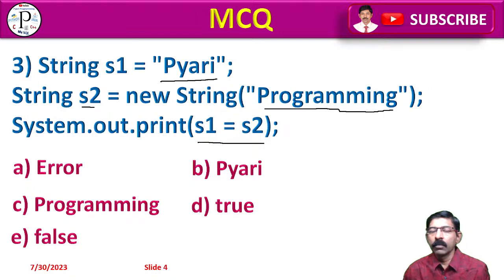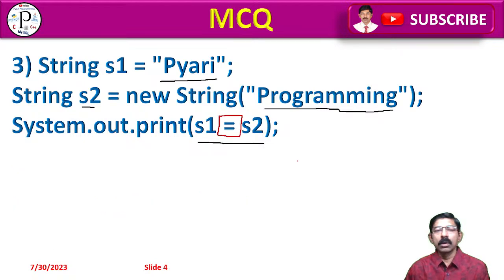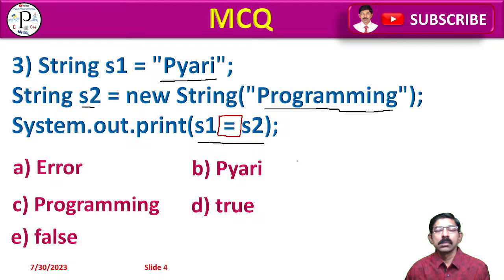Now can you see, I am changing the color to make you aware of what exactly the question is asking for. Is it double equals to that you are looking for? Quickly, check your answer again. Read the question completely. You are not reading the question completely.